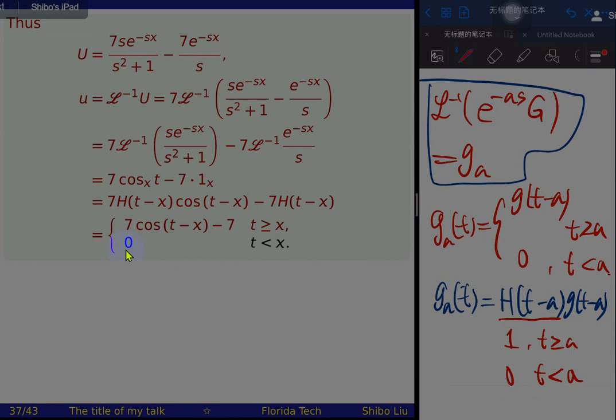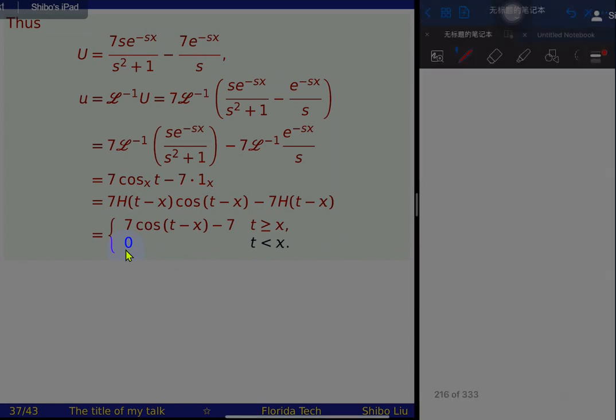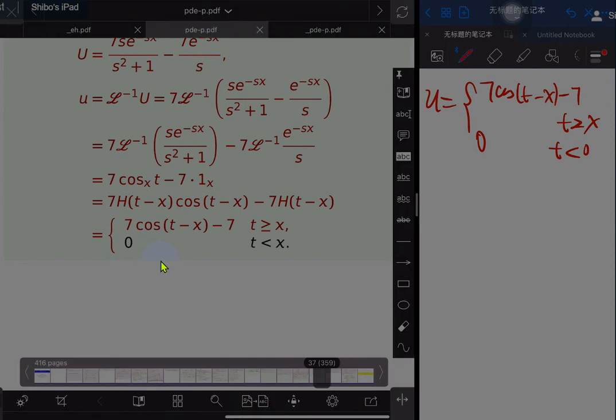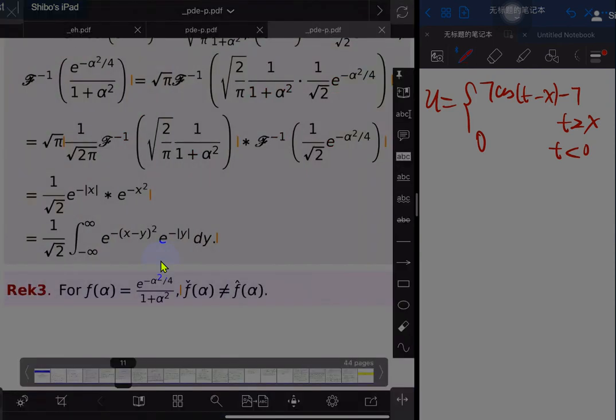Now for this solution, what can we say? u equals 7 cosine t minus x minus 7 if t is not less than x, and 0 if t is less than x.